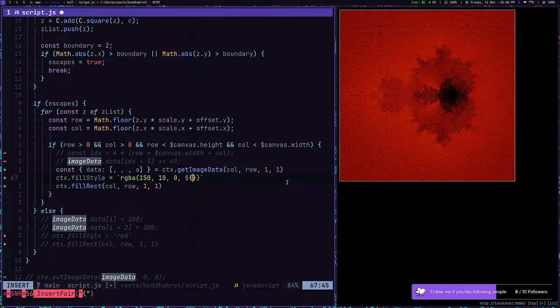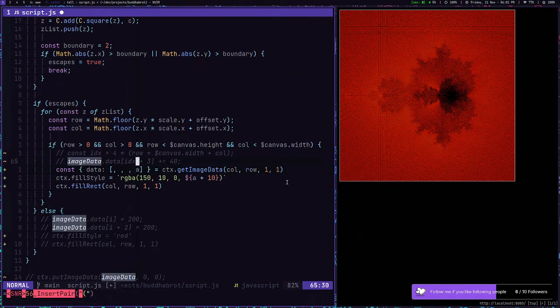Here we have that, and alpha plus 10. By default, oh wait, we'll have to set the default alpha channel to 0 as well.